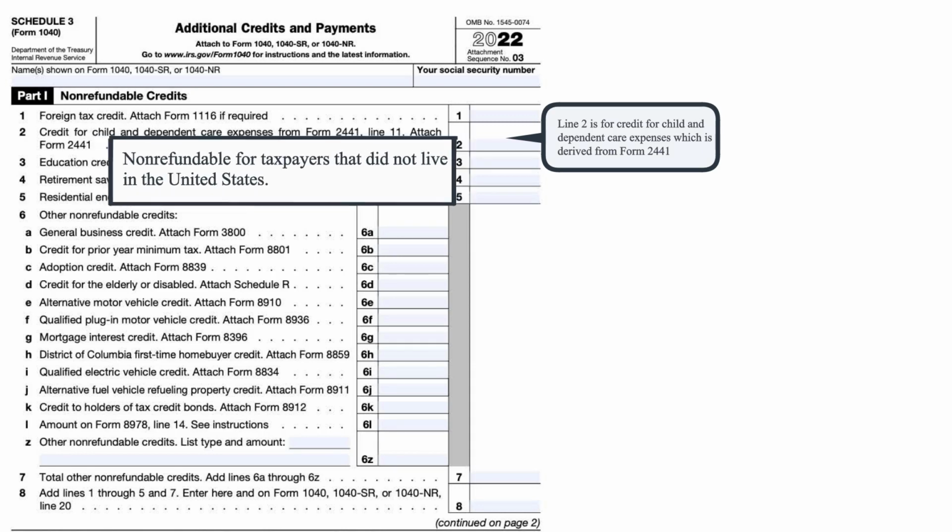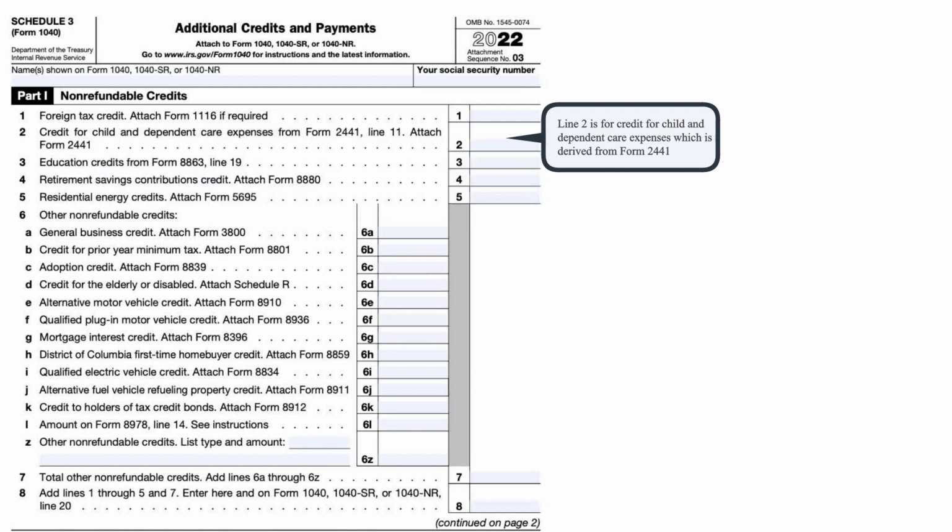If they did not live in the United States for more than half the year, the credit is non-refundable and the amount is entered on Schedule 3, Line 2. The key requirement for this tax credit is that the care was necessary so the taxpayer could work or look for work.